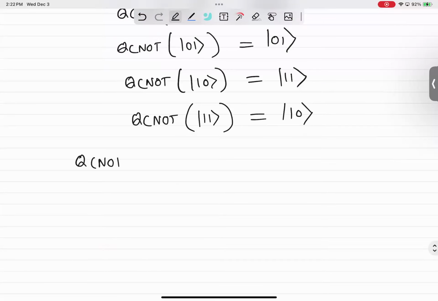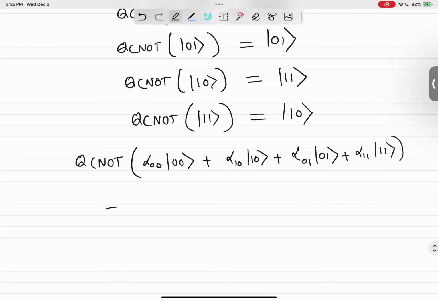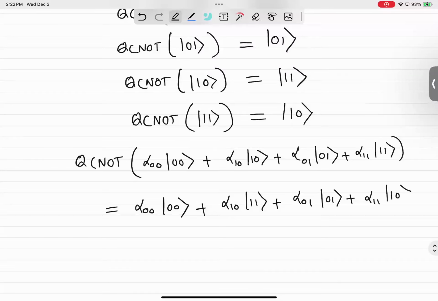So QCNOT of, let's say I have a linear combination like this, would be alpha 0 0 times 0 0, plus alpha 1 0 times 1 1, plus alpha 0 1 times 0 1, plus alpha 1 1 times 1 0. So this is the definition of the quantum CNOT gate.